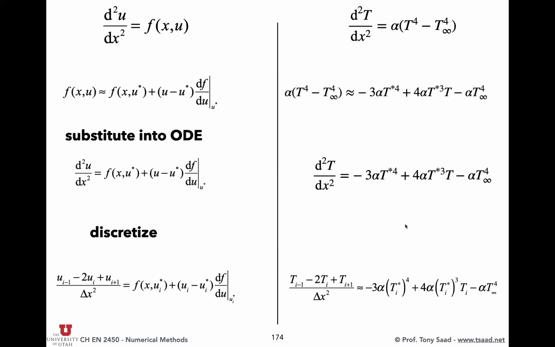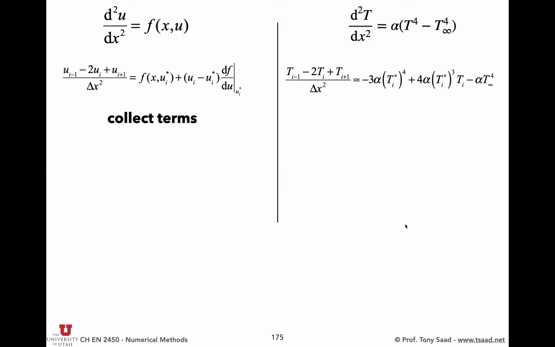Think of t star as the guess for the root of the nonlinear equation at point I. Therefore, every point I has a different equation and therefore has a different root. Therefore, your guess needs to be a vector of guesses, rather than just one constant value for the entire domain. Every point has a different guess, has a different root, because it has a different nonlinear equation.